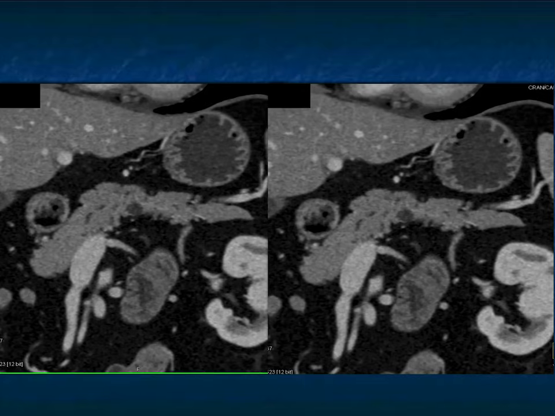Some examples. Here's just a simple case of an incidental under 2 centimeter IPMN. Now, you don't see the communication on these images with the pancreatic duct. It may be hard on CT unless you really play around with it. It's a little bit easier on the MIP MRs. But that's a lesion. There's no septations. It's small.